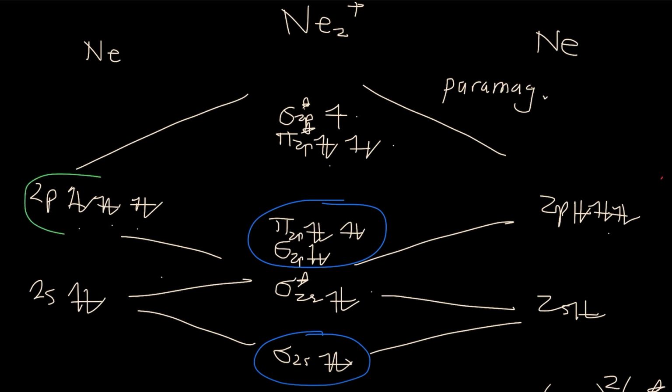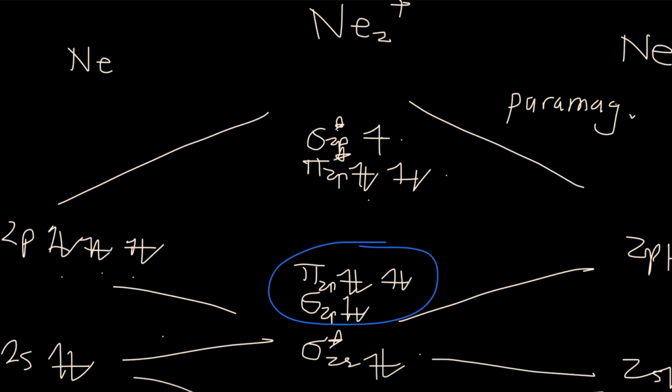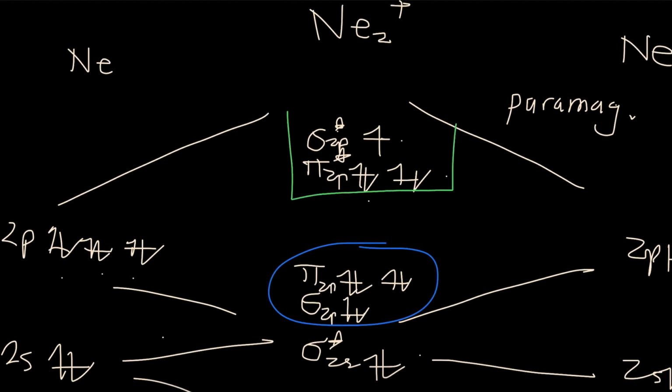You see how 2p is lower in energy, literally lower in the diagram, than the valence of neon 2 plus. What this means is the higher the orbital energy, the more unstable it is. You see how anti-bonding orbitals are higher than these bonding orbitals. So they have higher energy and they're more unstable.